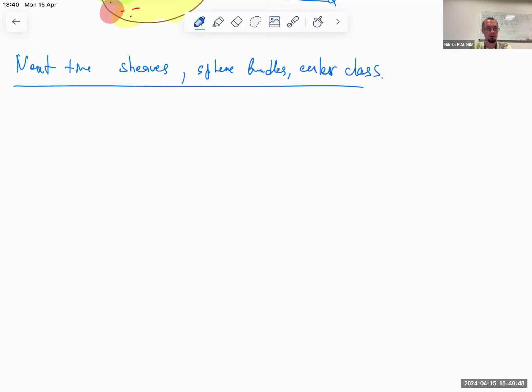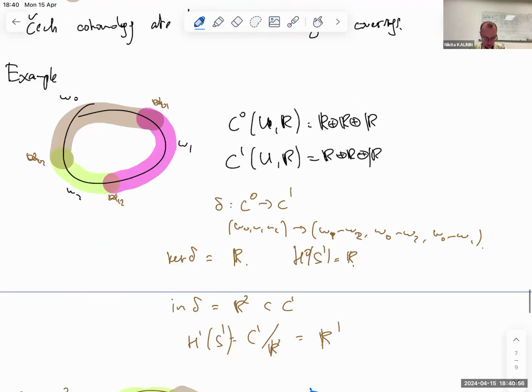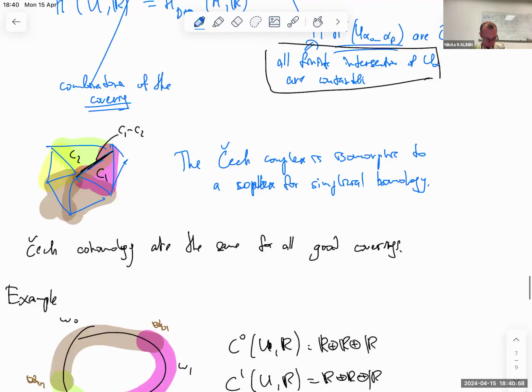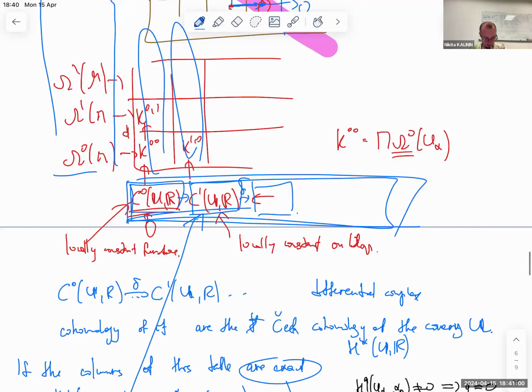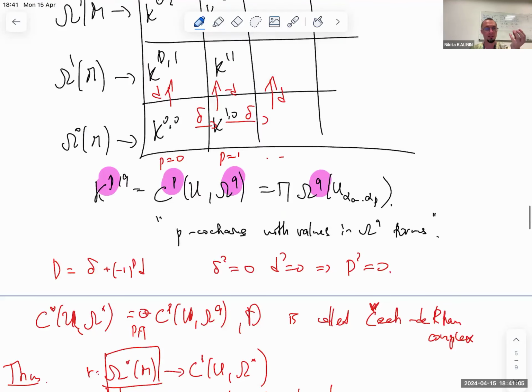Okay, so let's continue from the last time. So last time we finished what? We defined the Čech complex. And for us, the Čech complex was just for an open set. We recorded all the differential forms on this open set.